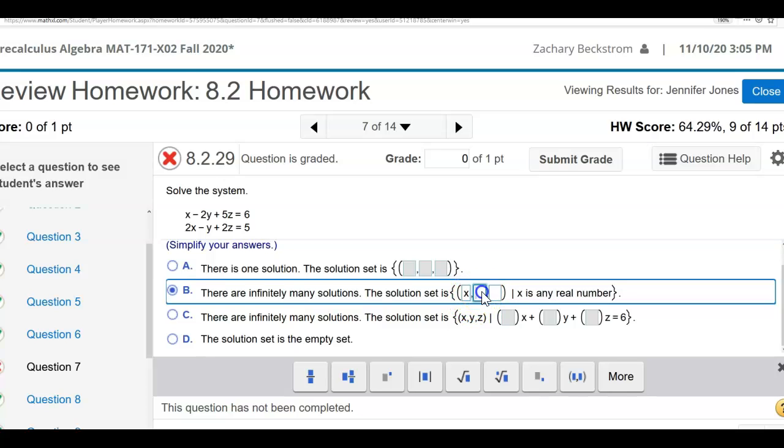I can put in any x, and then for that x, my y is going to be 8x minus 13, and my z is going to be 3x minus 4, where x is any real number.